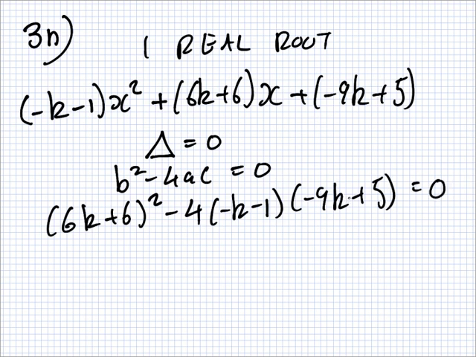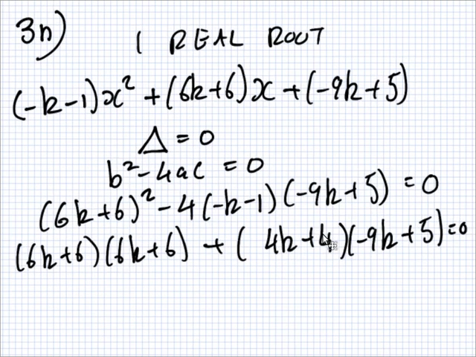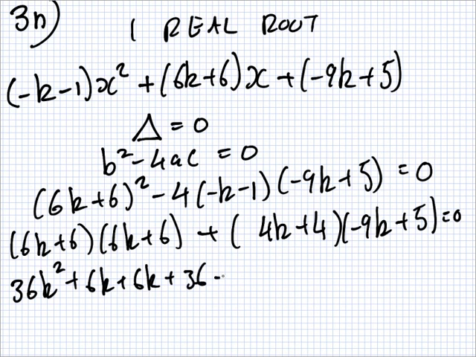So that's 6k plus 6 times 6k plus 6, plus 4k plus 4 times minus 9k plus 5 equals 0. Okay, multiplying time. In total this will be 36k squared plus 6k plus 6k plus 36, minus 36k squared plus 20k minus 36k plus 20 equals 0.